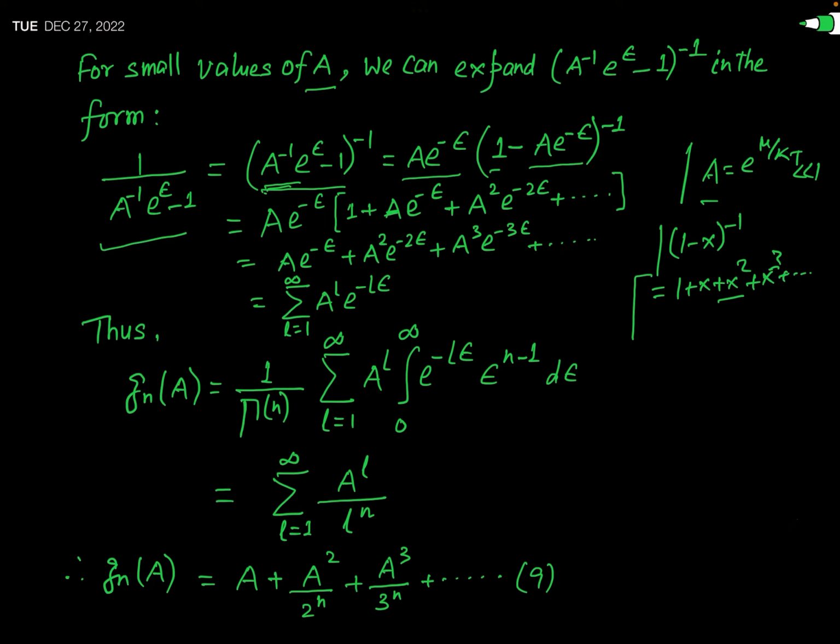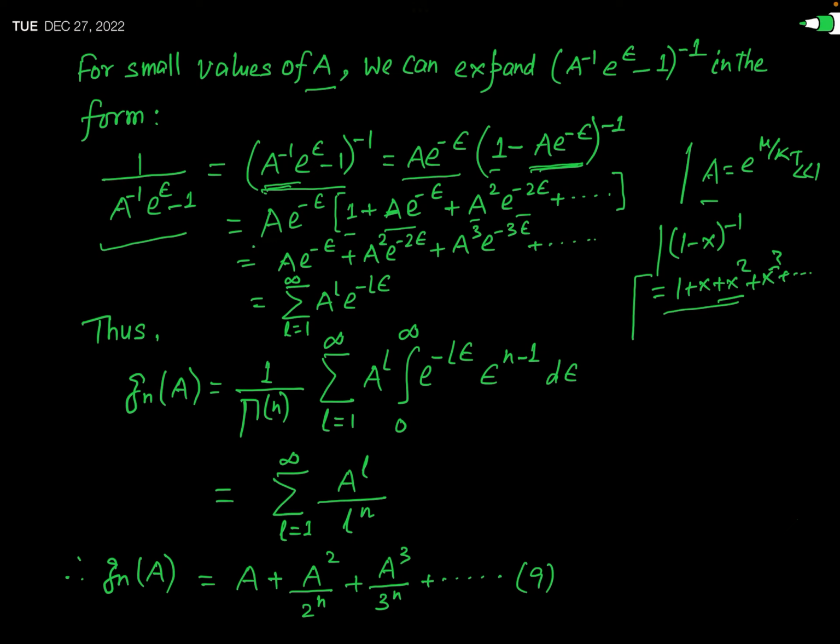Here in the place of x you can see there is a times e to the power minus epsilon. So using this binomial expansion you can write that this is equal to 1 plus a e to the power minus epsilon plus a square e to the power minus 2 epsilon and so on.